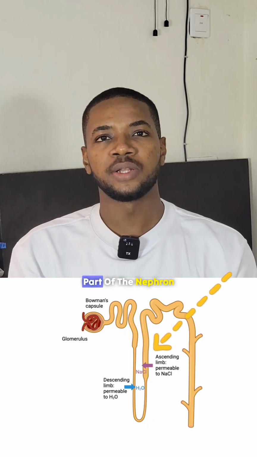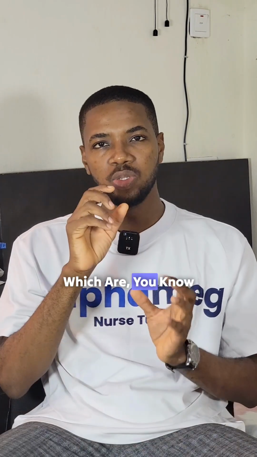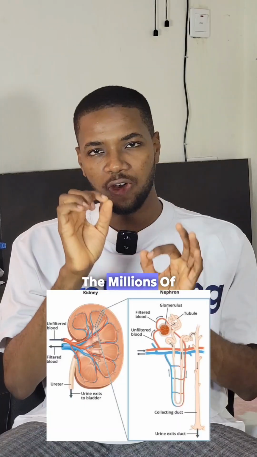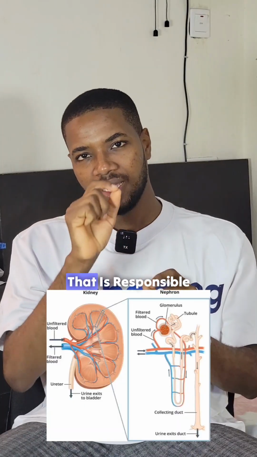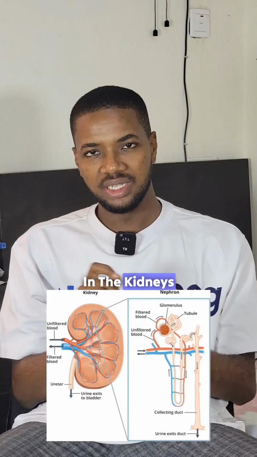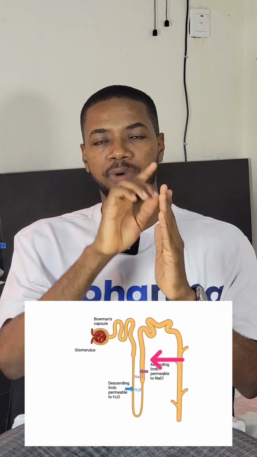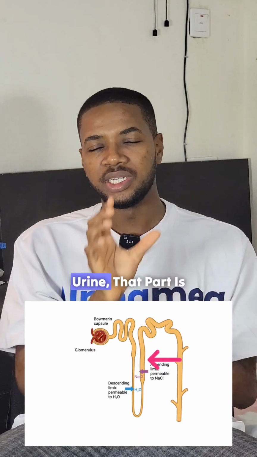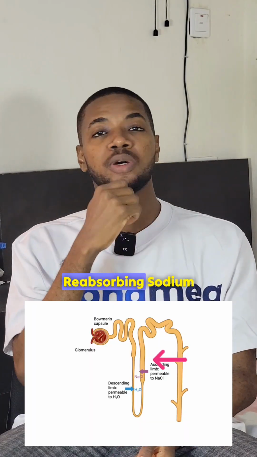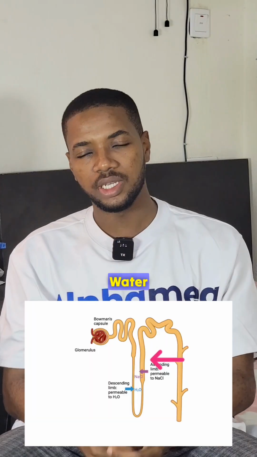This part of the nephron, the millions of microstructures responsible for forming urine in the kidneys, is responsible during urine formation for reabsorbing sodium and reabsorbing water.